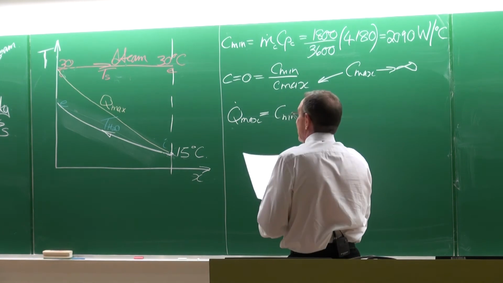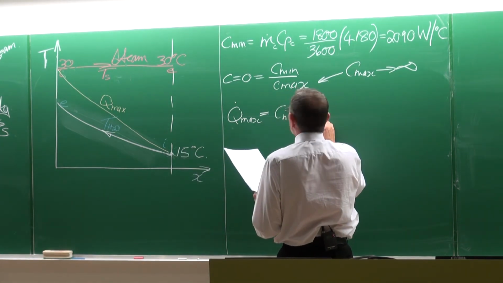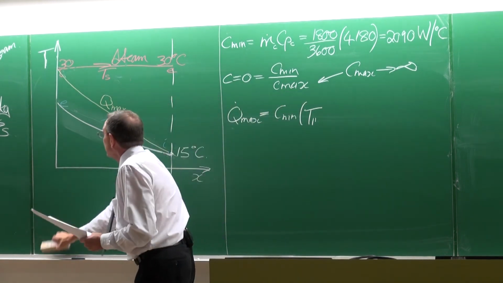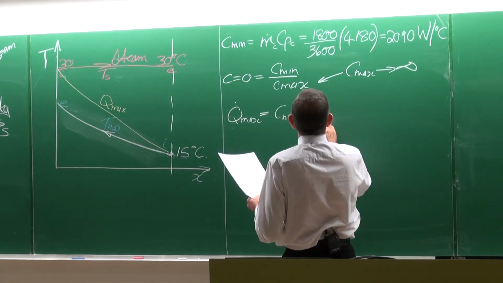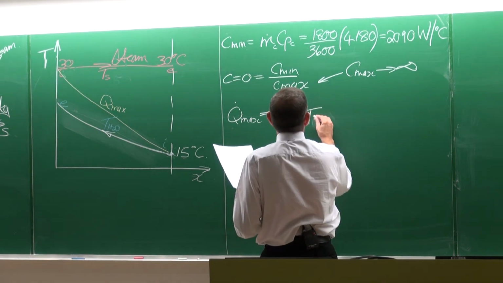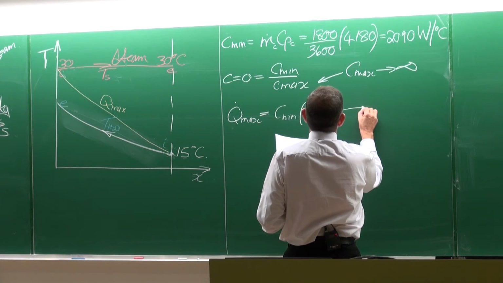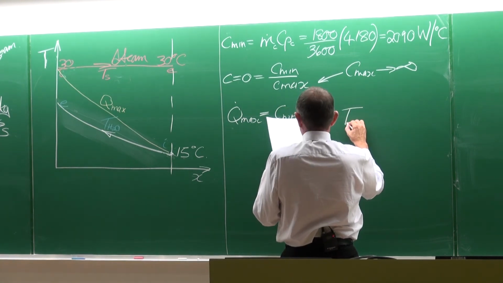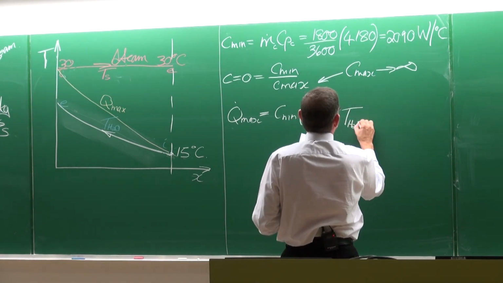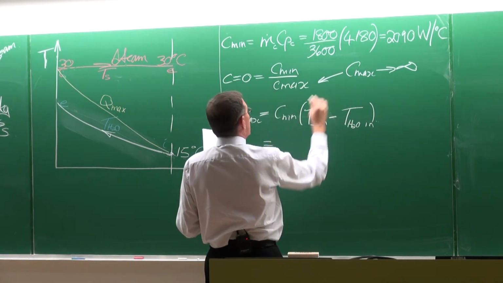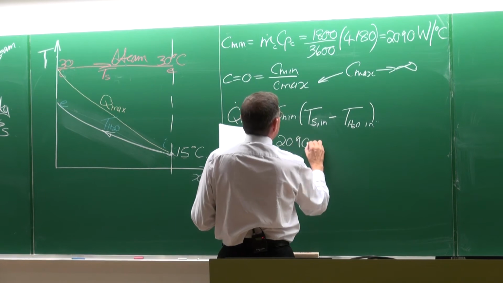Okay. Therefore, it would be equal to, let's call it, T of the steam inlet minus the temperature of the water in. So C minimum is 2090.